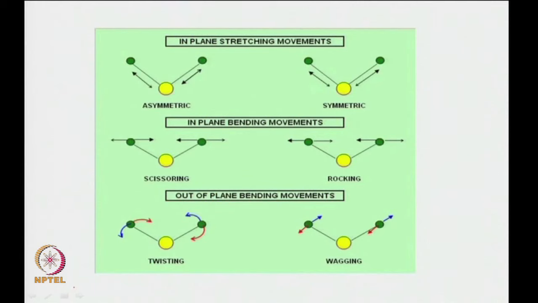Here again we look at them together. The first two you can easily recognize, asymmetric and symmetric. The next two are in plane bending movements, scissoring and rocking, and the next two, twisting and wagging, are out of plane bending movements, the thing we just discussed.